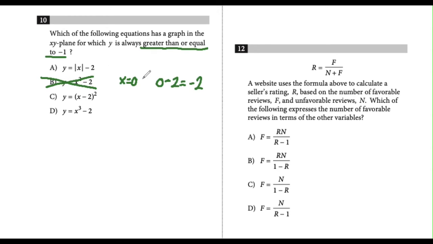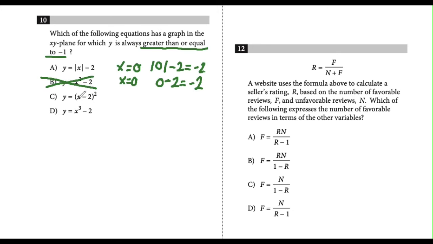If we do the same for answer choice A, if we plug in x equals 0, we're going to find that the absolute value of 0, which is 0, minus 2, is going to be -2. Once again, -2 is not greater than or equal to -1. If we look at answer choice C, whenever we have a number squared, the smallest possible value is 0.